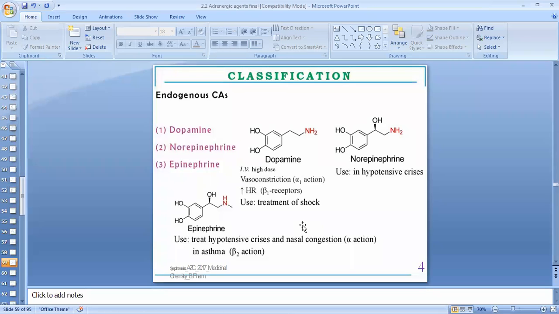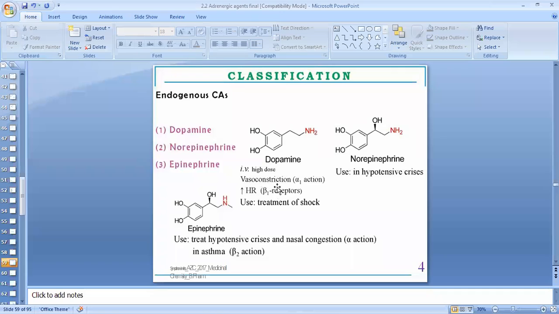Among directly acting drugs, the endogenous catecholamines, those already produced in our body, are dopamine, norepinephrine and epinephrine. First, dopamine: at a high dose it causes vasoconstriction through alpha 1 action and increased heart rate through beta 1 receptors, and it is used in the treatment of shock.